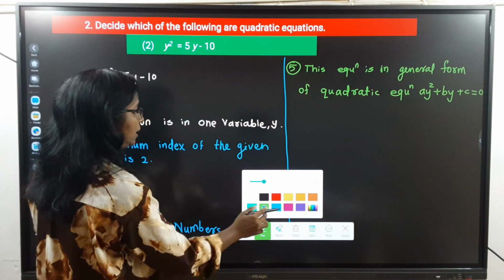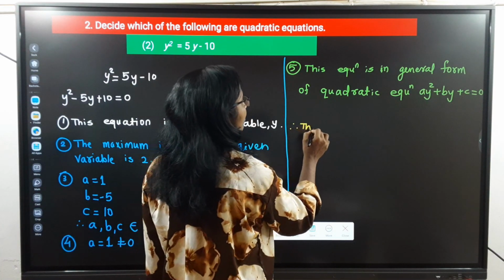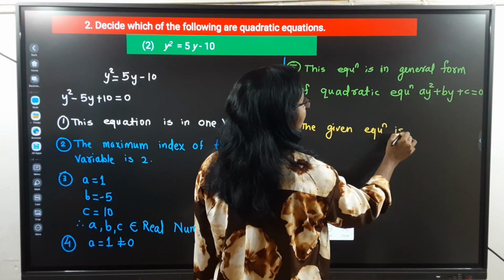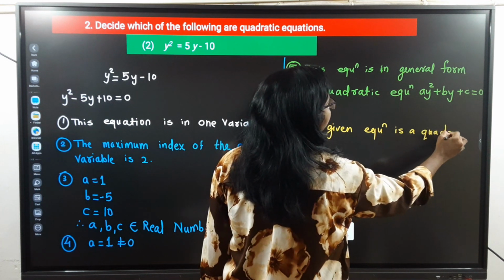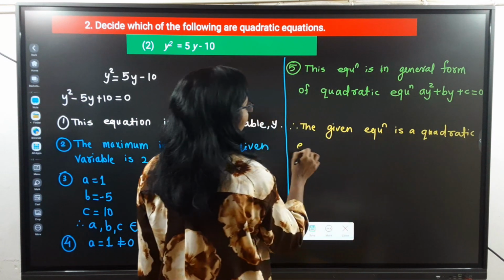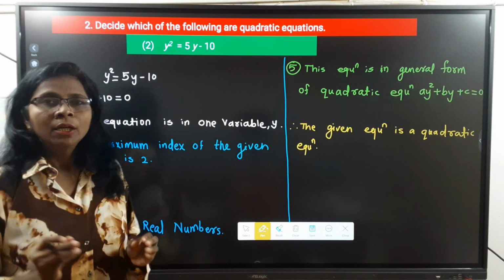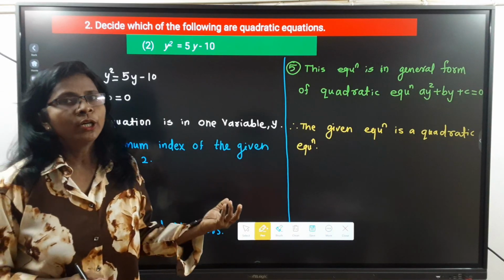And then finally we write down, therefore the given equation is a quadratic equation. Okay, because all these 5 conditions are fulfilled by this equation. So this is a quadratic equation.